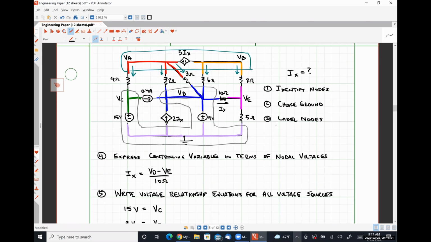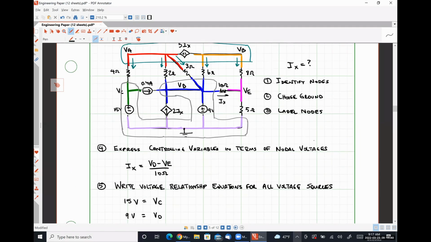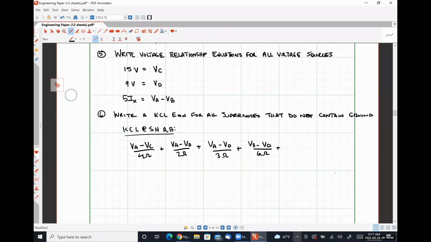The current flowing down through the 6 ohm resistor. VB minus VD over 6. Thank you. And lastly, the current flowing down through the 8 ohm resistor. VB minus VE over 8.